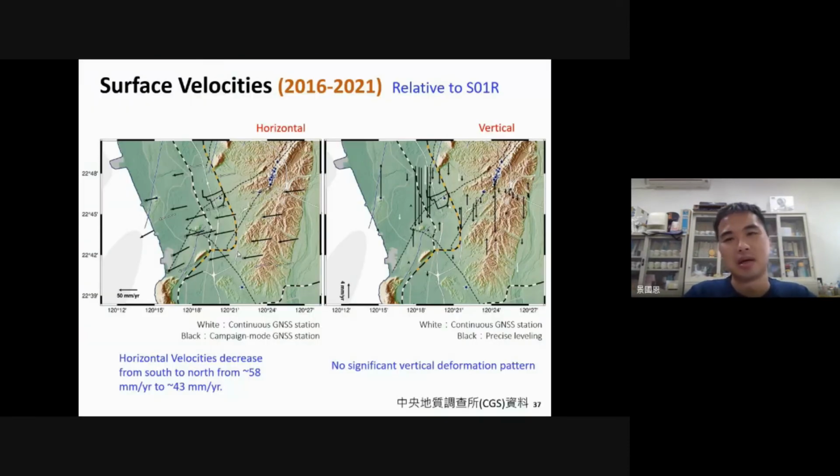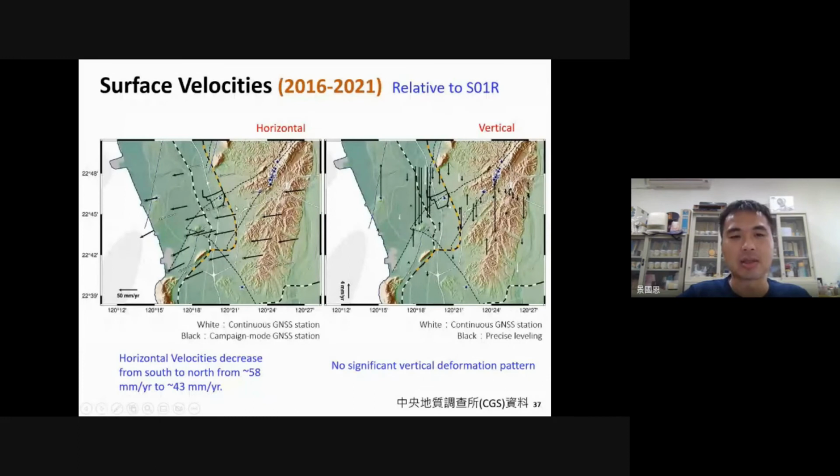So if we want to understand the surface deformation, or recognize the type of fault in this region, then geodetic data is the only way so far, or the best way so far.